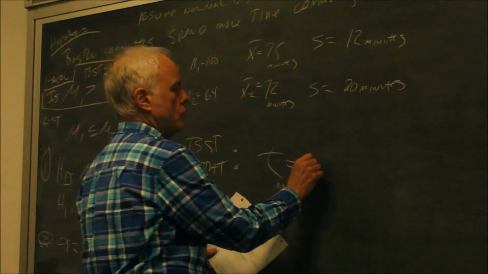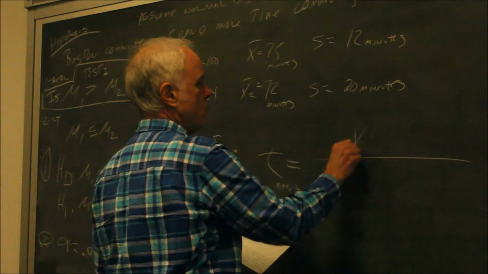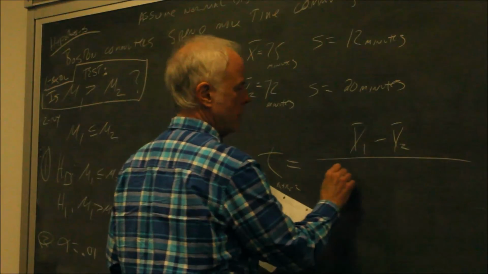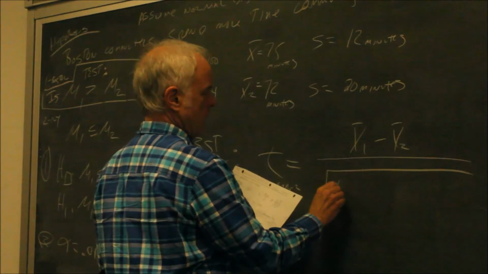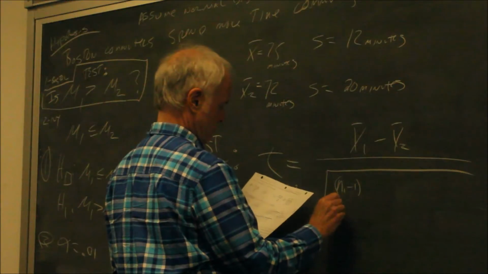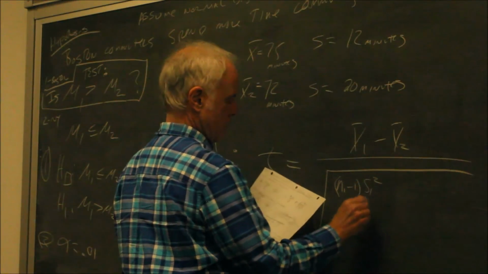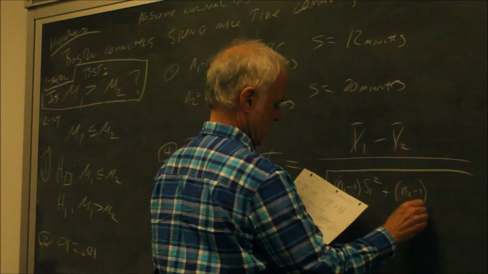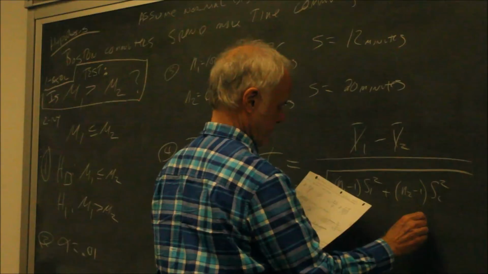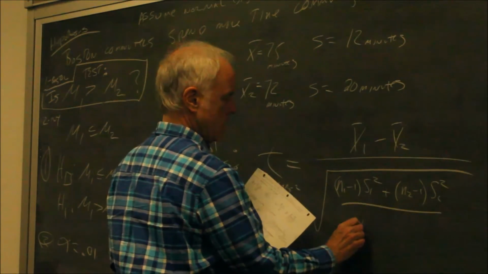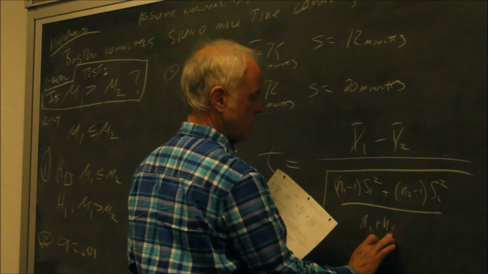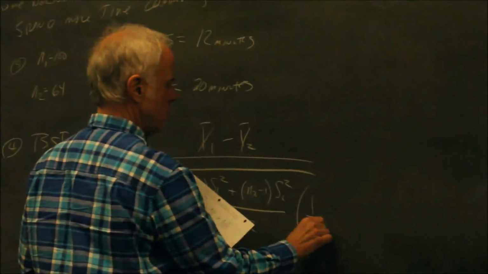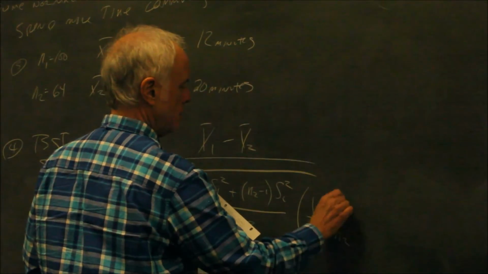And so it's equal to X bar 1 minus X bar 2, over the square root of N1 minus 1 times S1 squared plus N2 minus 1 times S2 squared, over N1 plus N2 minus 2, times 1 over N1 plus 1 over N2.